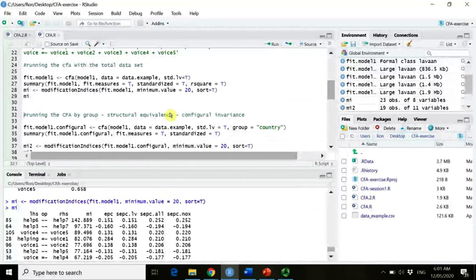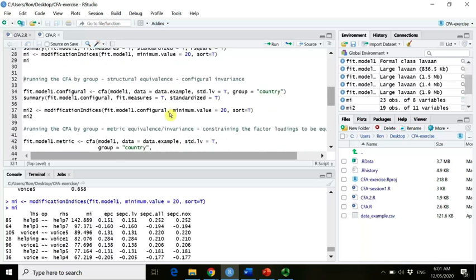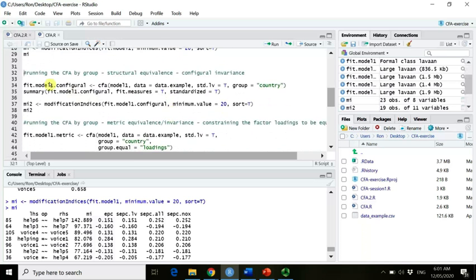Okay, so let's have a look at what we are really interested in, which is the CFA in relation to the different groups that we have in our data. As you remember, there are two different ways of how we can do this. One is we run the CFA by group, so we go step by step.